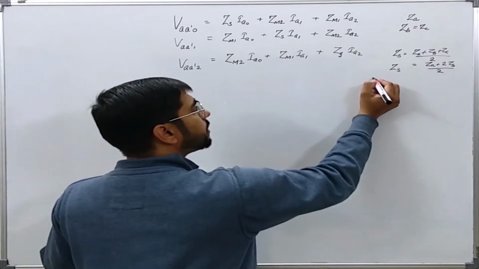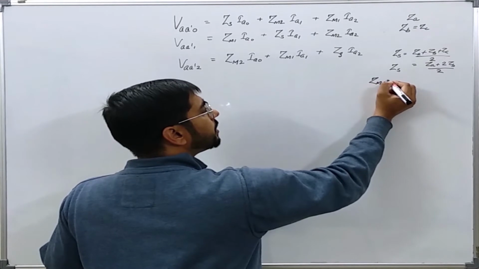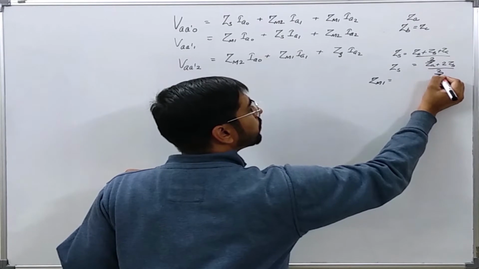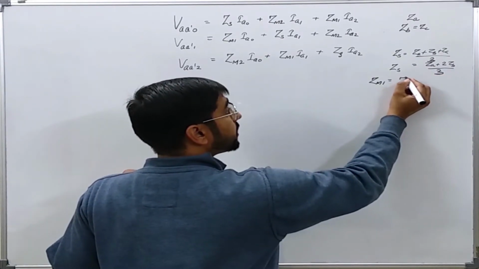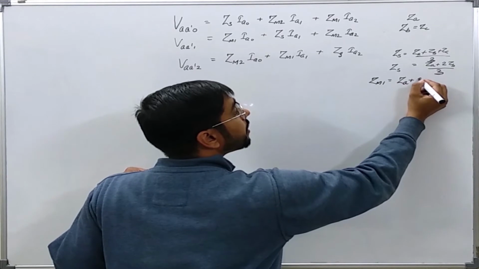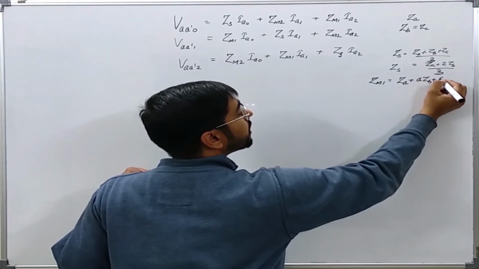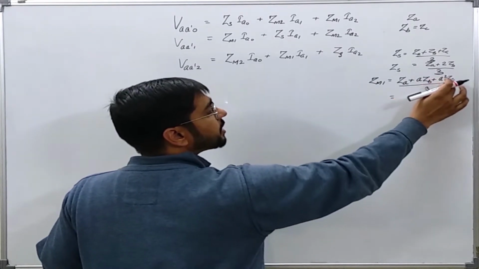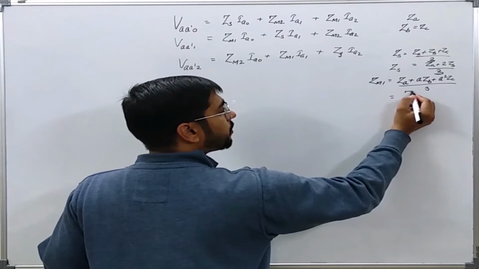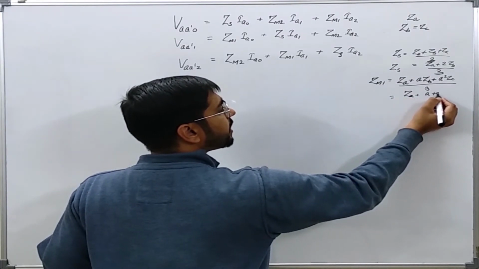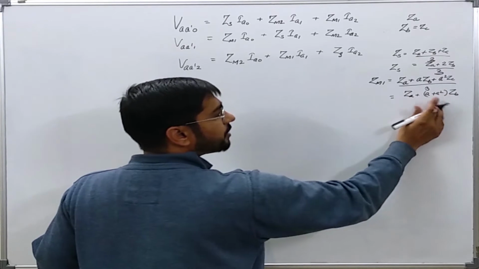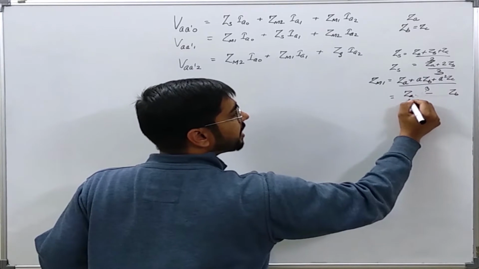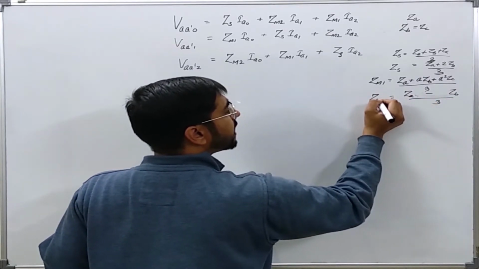Similarly, ZM1 is equal to ZA plus A ZB plus A square ZC over 3, and now ZB is equal to ZC, so it is equal to ZA plus A square ZB plus A ZB over 3. Now A plus A square is equal to -1, so I will write it as ZA minus ZB by 3 equals ZM1.